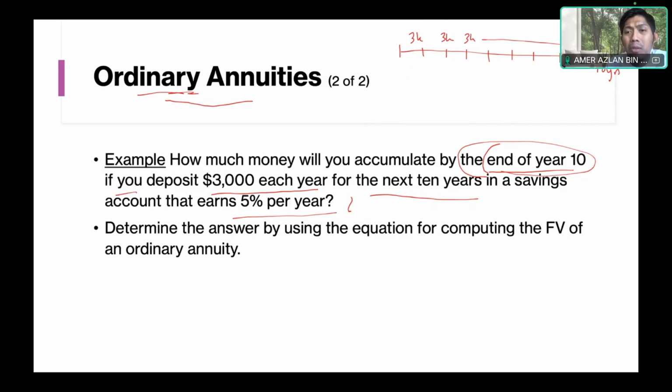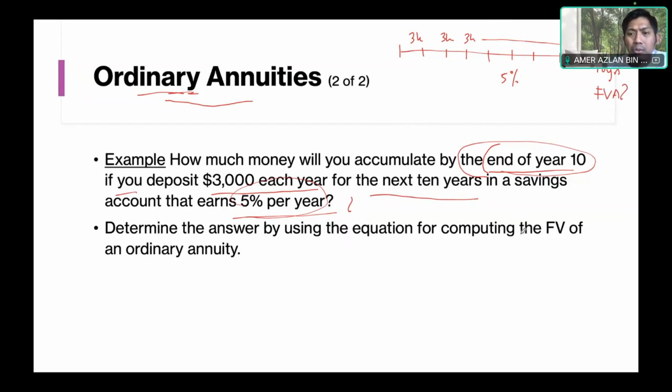Pada penghujung tahun yang ke-10, how much of the money that you save every year will be accumulated? Assuming that you invest your money in an account that gives you a 5% return. So the question is asking you about finding the future value of an annuity.